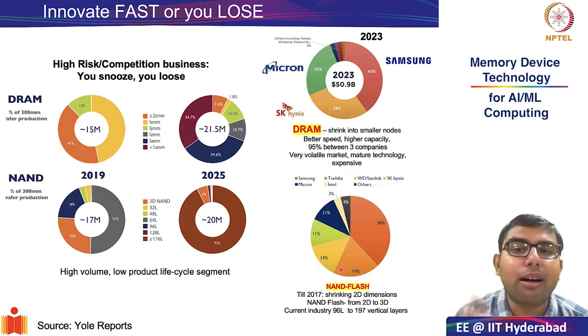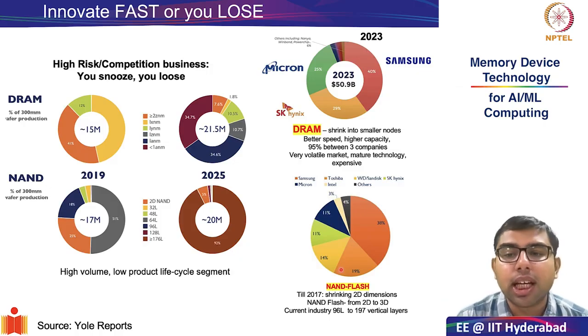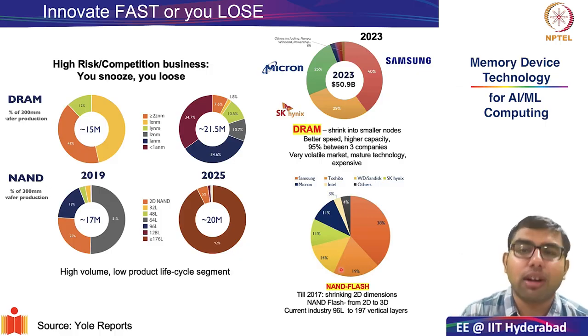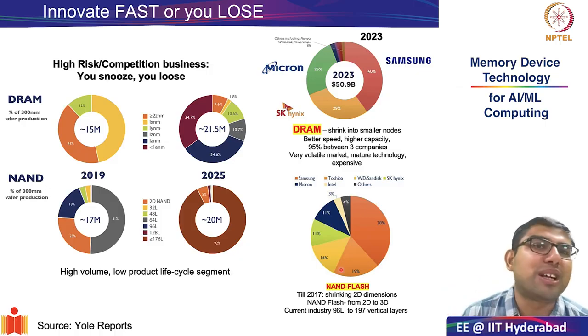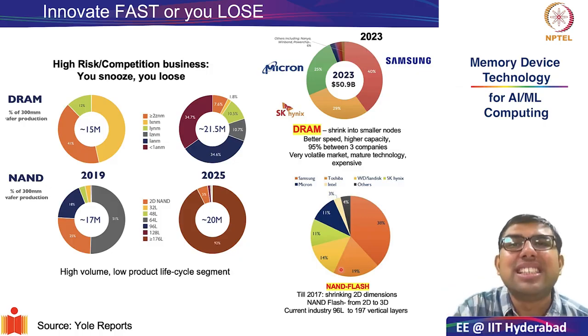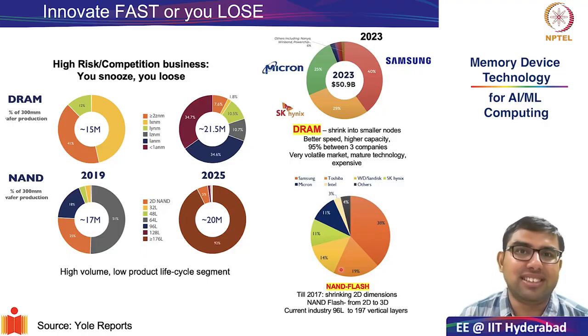Can you just take a moment to think why that is the case? The key reason why there is some spread in NAND flash technology is because your flash cell or your NAND flash or your non-volatile memories are not only used for very high performance computing, they are also used for simple devices like your refrigerator or your washing machine.